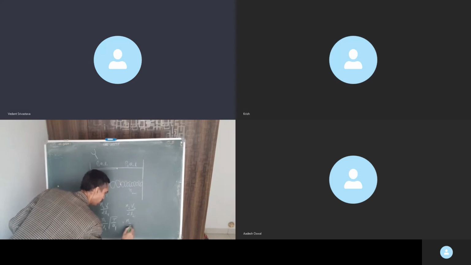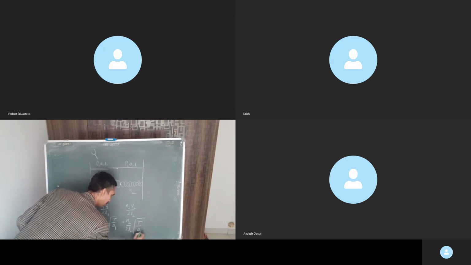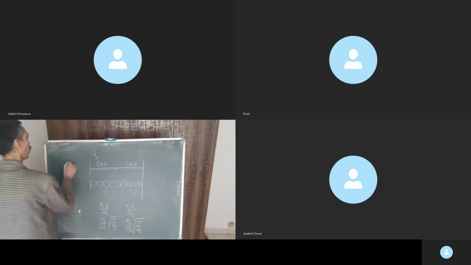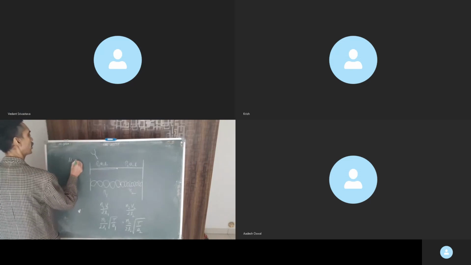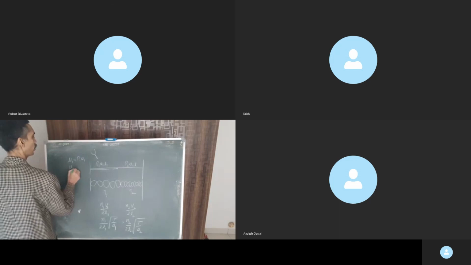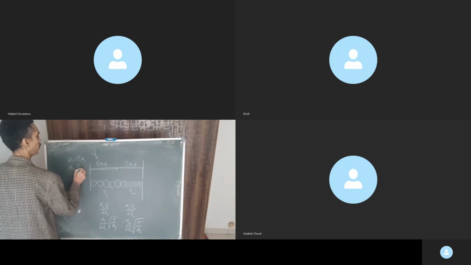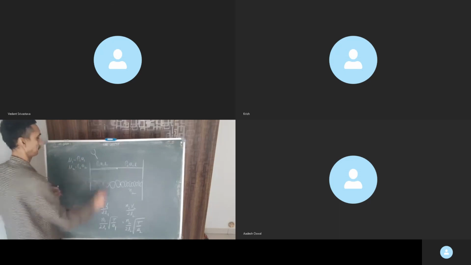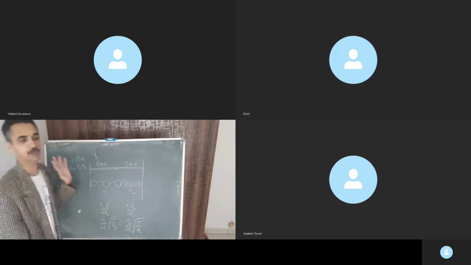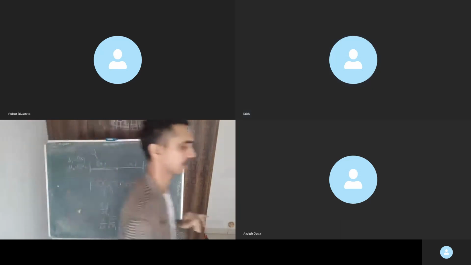And N2 is V2 by twice L2, and again V is square root of T by mu2. And mu1 can also be marked rho1 A1. Similarly, mu2 is rho2 A2. Now you know how you can find N1 by N2, right?